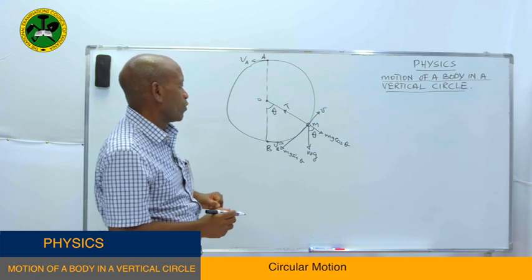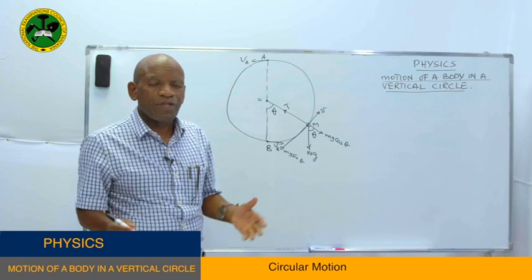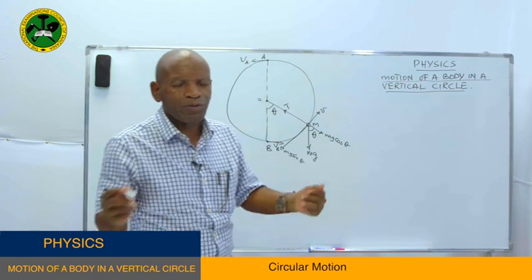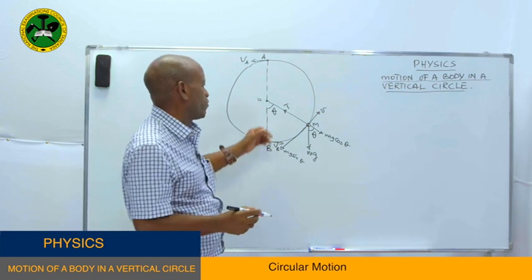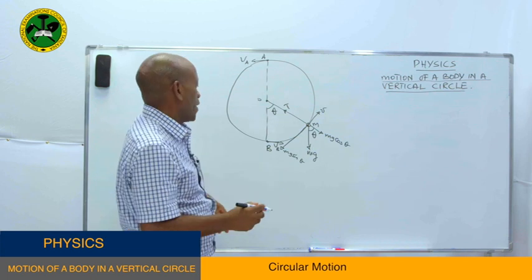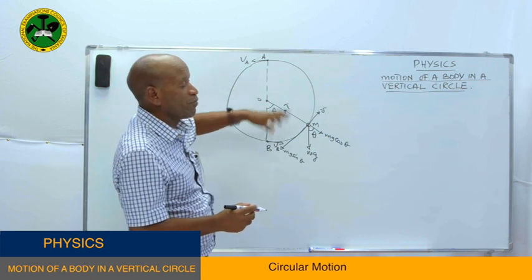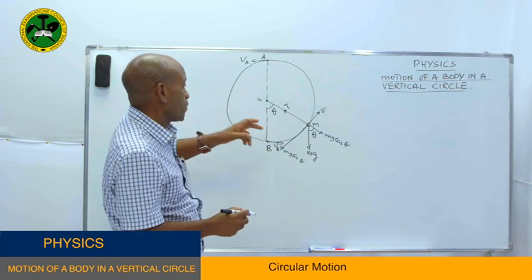But all in all, there are two ways you can opt to look for the maximum tension of a string whenever a body is moving in such a circle.